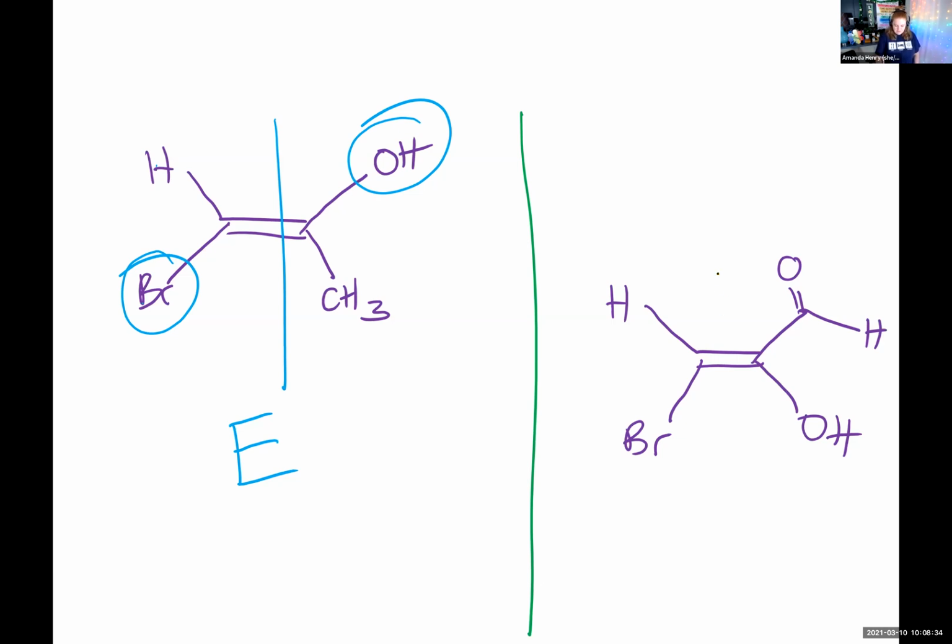So I'm just going to draw a little divider line there. Oh, we have the same hydrogen and bromine. I didn't really mean to do that, but we did. Hydrogen and bromine. Bromine's higher. What about the other side? So we have an aldehyde on the top, we have an alcohol on the bottom. Which one of those is going to be higher priority? The aldehyde.